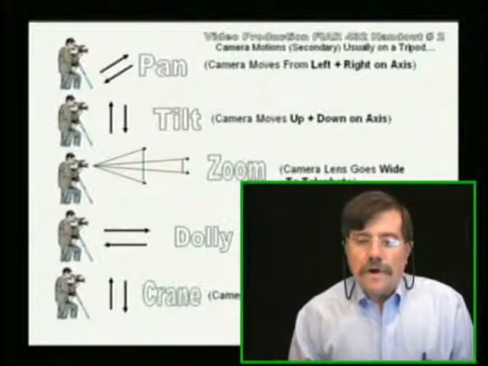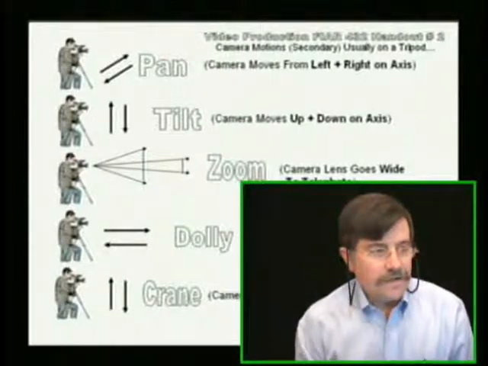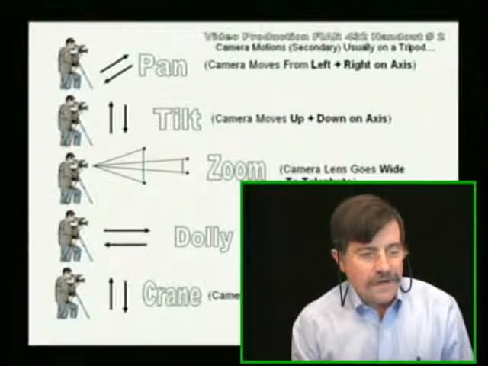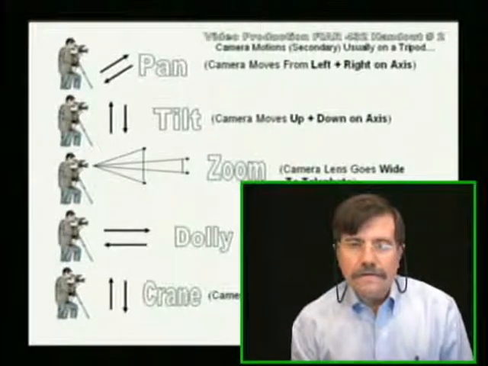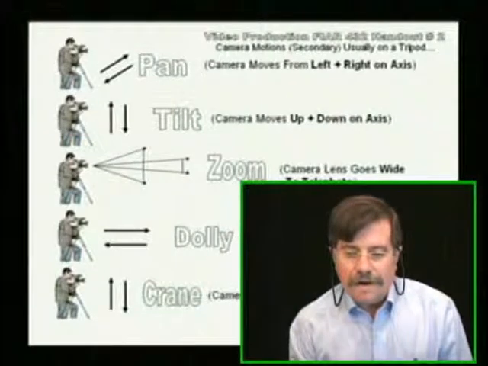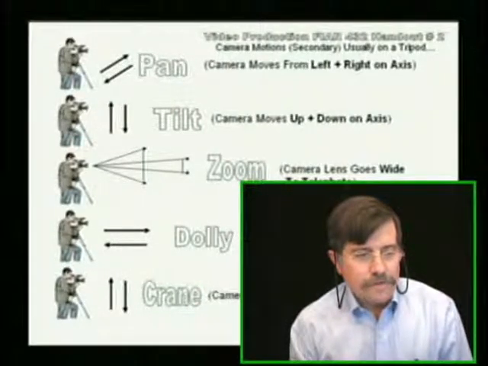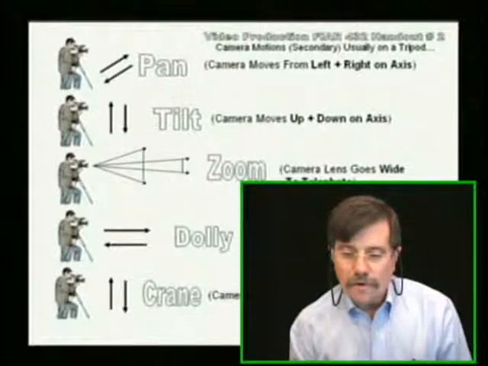So anyway, we've talked about the kinds of motions associated with the tripod. These are really the bread and butter of secondary motion in video and film art. They're important tools to get you to where you want to go.